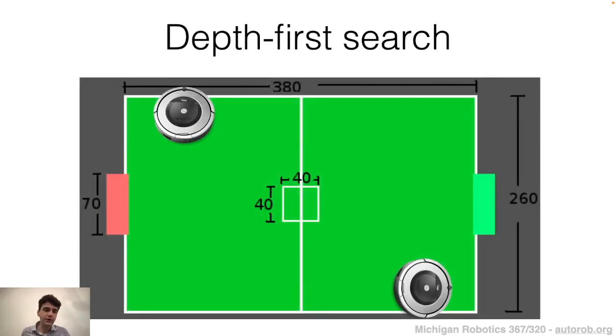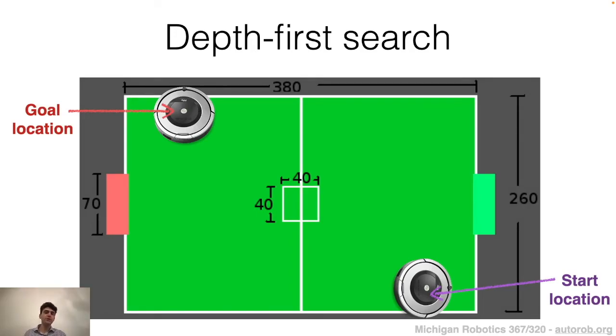If we go back to our soccer example, we have here two poses for the robot. In the lower right hand corner is, let's say, the known start location of the robot, and in the upper left hand corner is the goal location. That's where we want our path planning algorithm to ultimately move the robot towards.